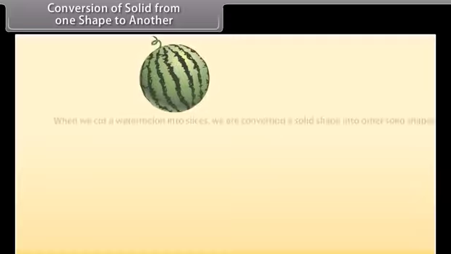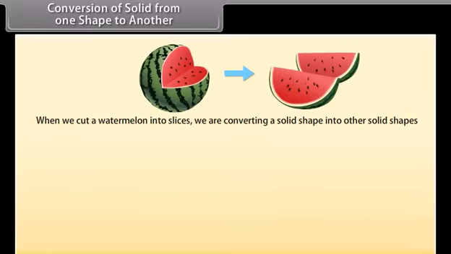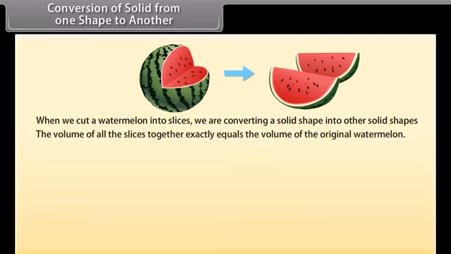Conversion of solid from one shape to another. When we cut a watermelon into slices, we are converting a solid shape into other solid shapes. Regardless of the size and shape of the slices, there is one fact that holds true of the whole process. The volume of all the slices together exactly equals the volume of the original watermelon.